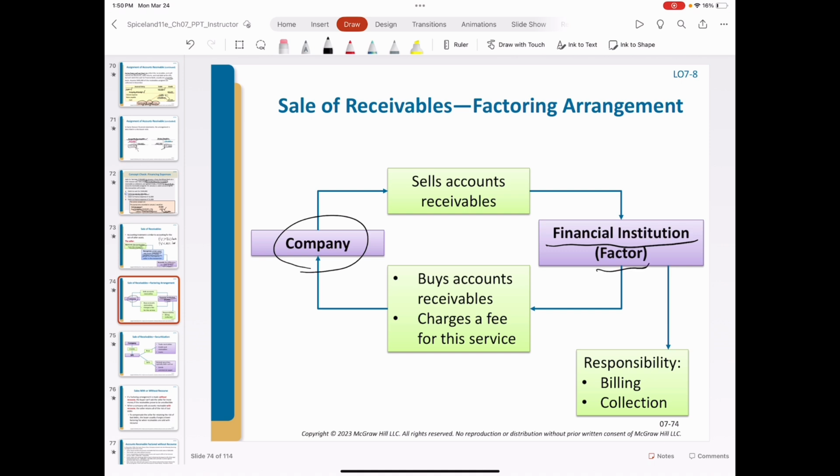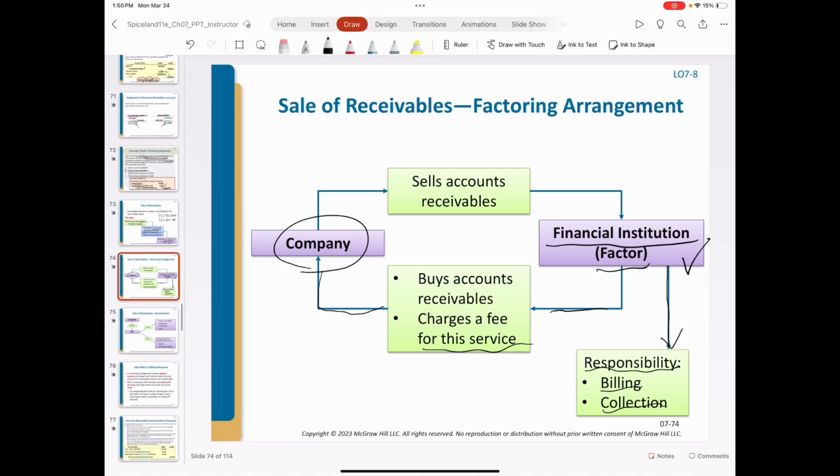The financial institution will buy the receivable and pay the company with a fee charged. Since the receivables have been transferred to the financial institution or the factor, the financial institution now is responsible for billing and collection from these receivables.